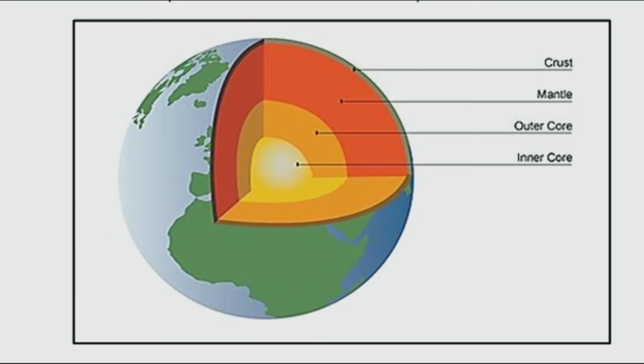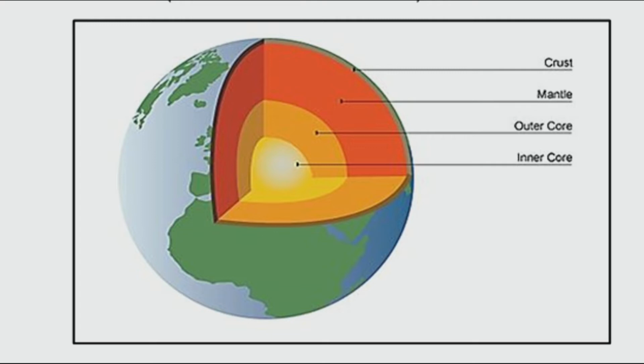Now, we want to see the picture. This is how the earth that we live on looks like. Outside, I'm sure you are able to see the green as well as blue color, showing continents and oceans. So this is the crust where we live, the first layer. Then the big orange part there is the mantle.